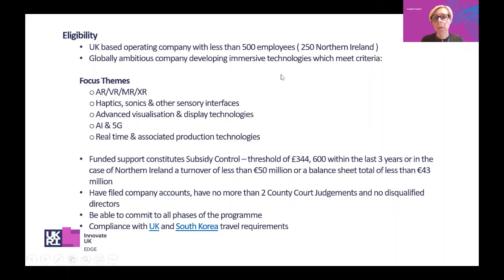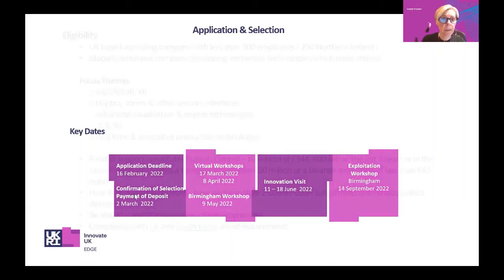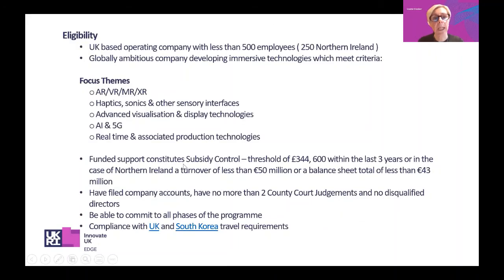To be eligible to participate, let's go back. You have to be a UK-based company. And you have to be operating, and you can't be any bigger than a company who's employing 500 employees, slightly different in Northern Ireland, as you'll see there.